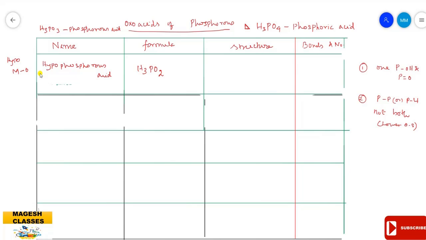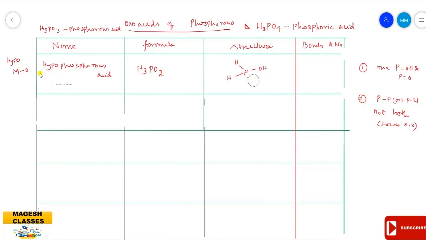Here, the phosphorus acid structure is phosphorus P. What is the minimum condition? One OH and one double bond should be present. So it is clear. Then the oxidation state of it is a lower oxidation state. So there is a hydrogen atom; the remaining hydrogen atoms, two hydrogen atoms, are present here.